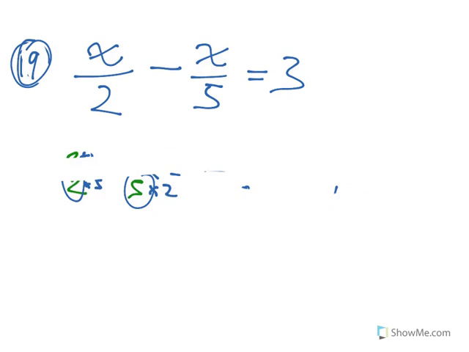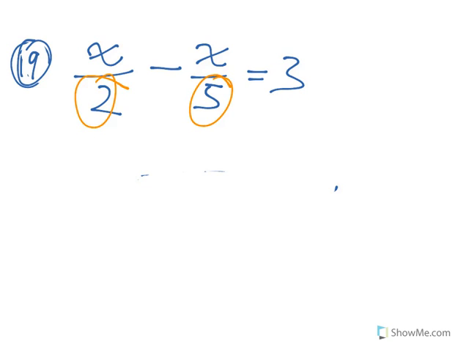And the same process applies to this. We have to see what 2 and 5 have in common. Well, they both have 10 in common. So let's change these to 10. How do we do that? Well, 2 becomes 10 by multiplying it by 5, so we got to multiply the 2 by 5 and the x by 5. 5 becomes 10 by multiplying it by 2, so we got to multiply both the numerator and denominator by 2.